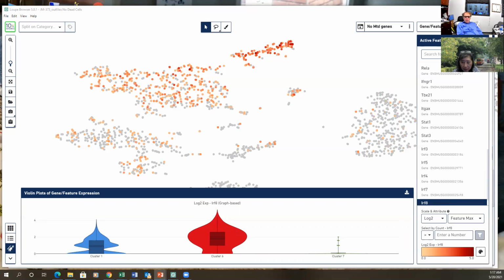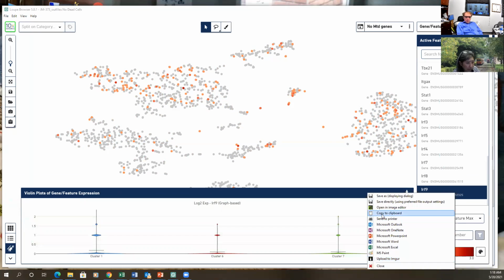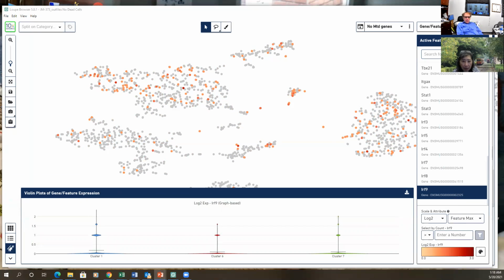Did you do immunoglobulin? No. I think I really am so tired. So I just want to get this IRF done. I'm done for the night. I cannot do more. You know, you can leave this open on your desktop.